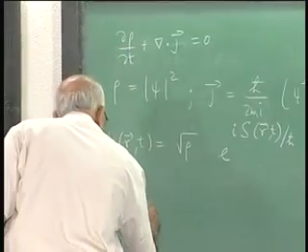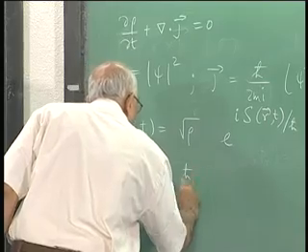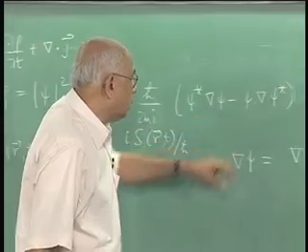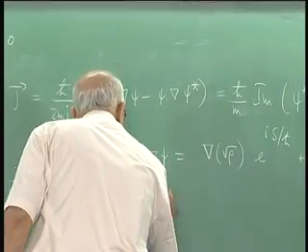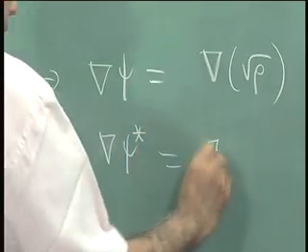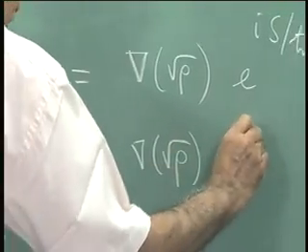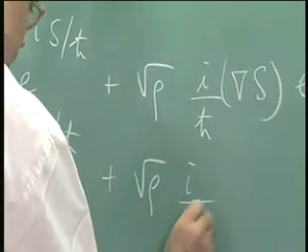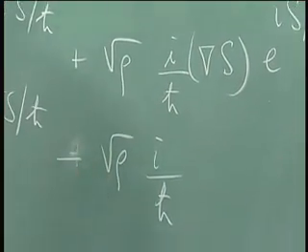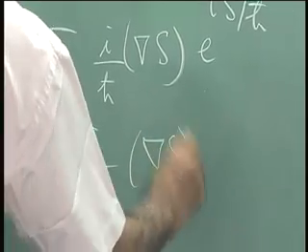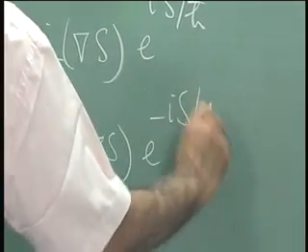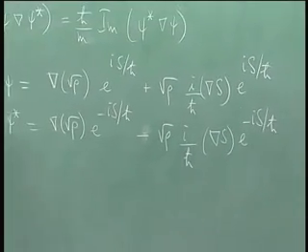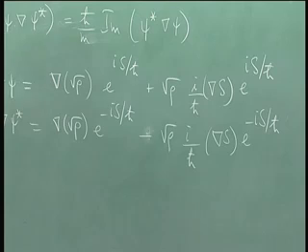So that immediately says J is equal to h cross over 2mi times psi star times the gradient of psi. So let us write the gradient of psi star as well, minus i over h cross gradient of S, in this form. Okay. So what does psi star grad psi become?